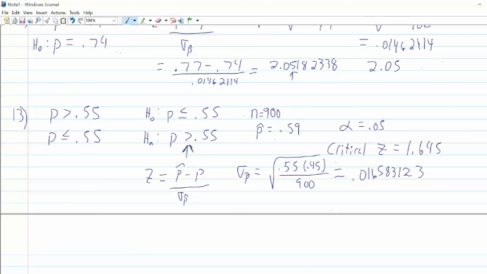All right, so we need p hat. That's going to be 0.59 minus 0.55 over the number we just calculated. So either store that in your calculator somehow, or you carried out this many digits, that should be good.